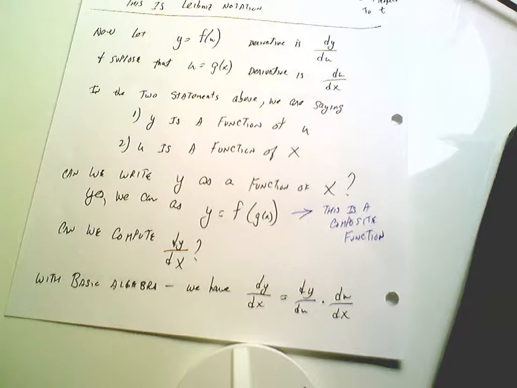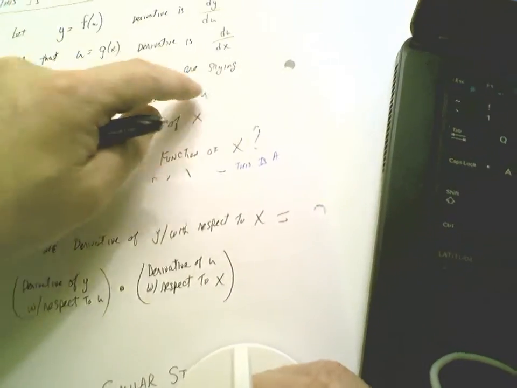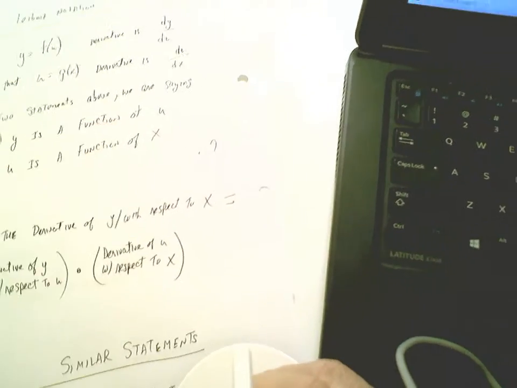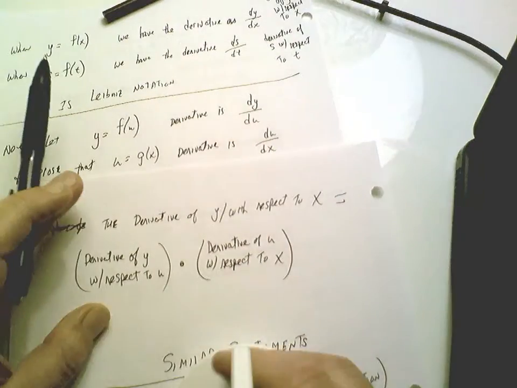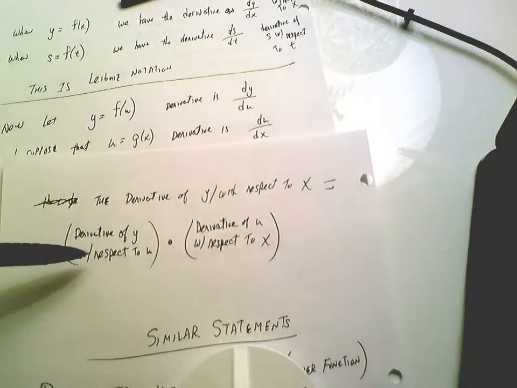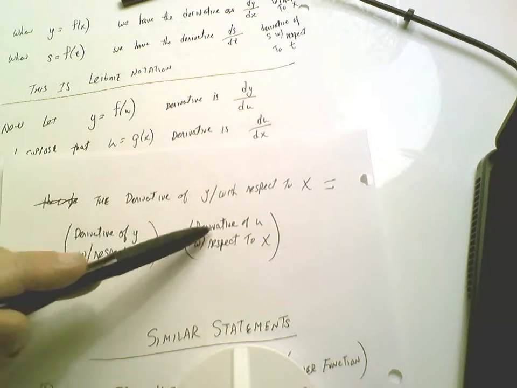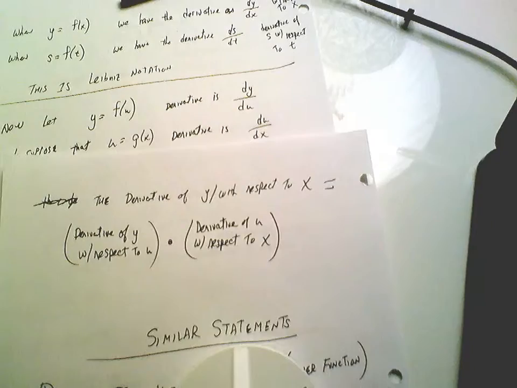So we're going to use the concept of substitution very, very frequently with this. So saying it one more time, when y is a function of u and u is a function of x, the derivative of y with respect to x is equal to the derivative of y with respect to u times the derivative of u with respect to x. And this is the chain rule in a nutshell.